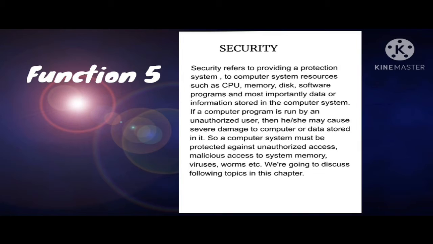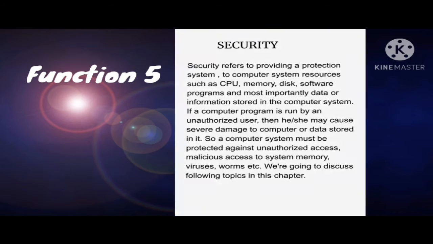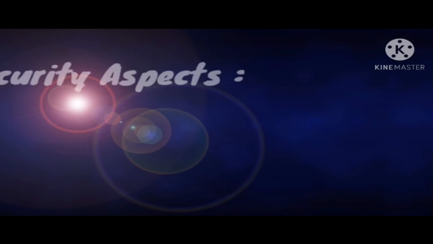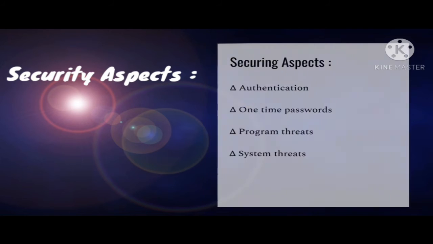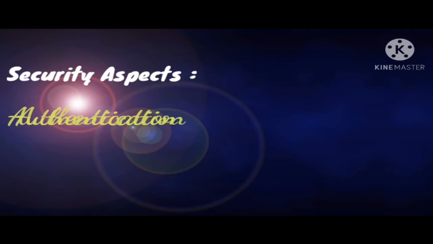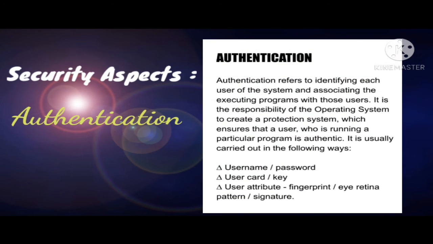We are going to discuss the following topics later. Securing aspects: authentication, one-time passwords, program threats, and system threats. Authentication. Authentication refers to identifying each user of the system and associating the executing programs with those users.